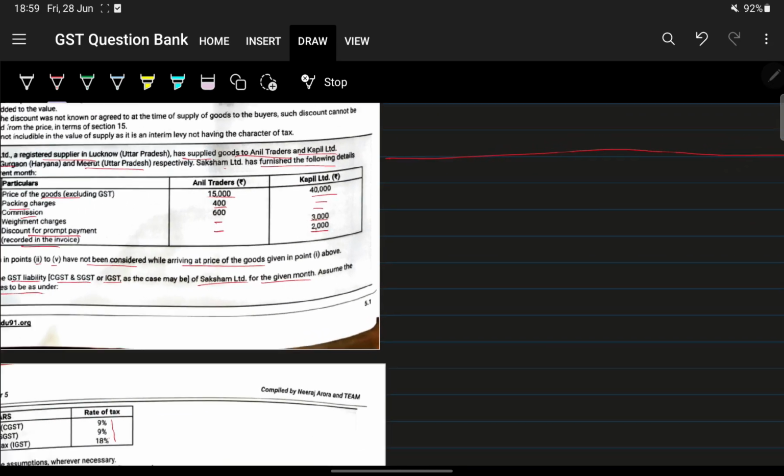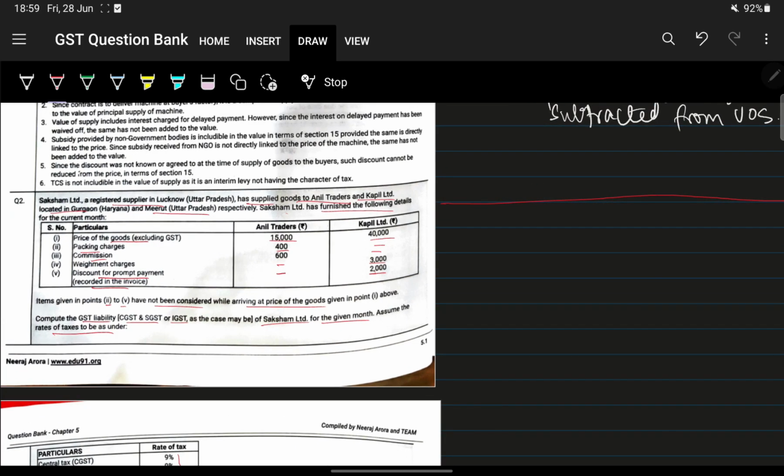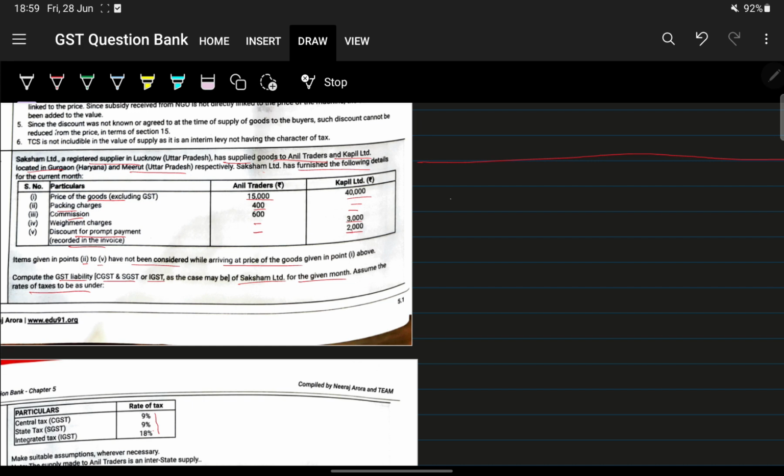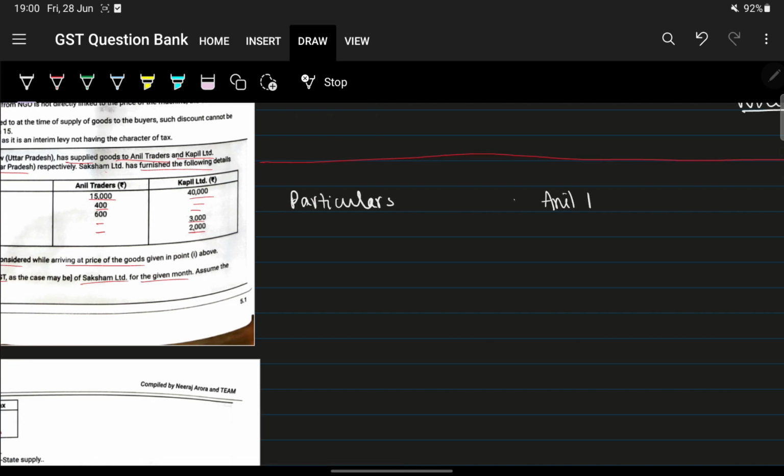Since they've given two traders, we'll do it in that format only. So particulars, Anil Traders and Kapil Limited.